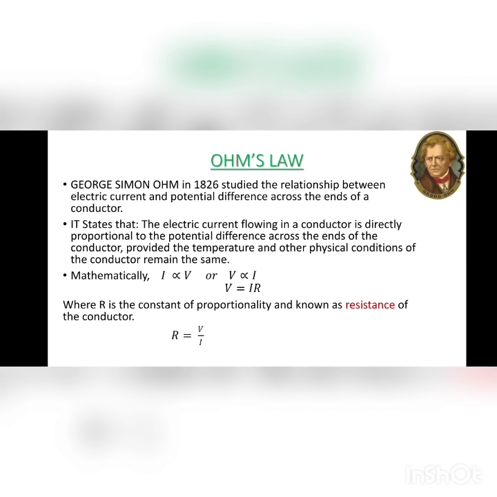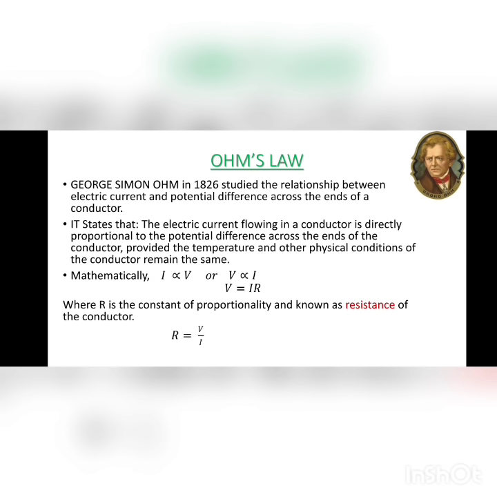Fine. So this law in your NCERT is given as potential difference is directly proportional to current, but that statement will be wrong, because current depends on potential difference, not vice versa. Potential difference provides the current in the circuits.